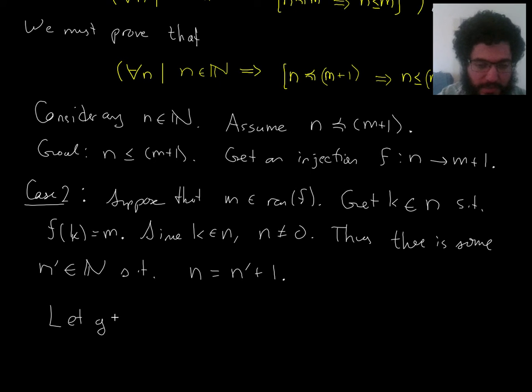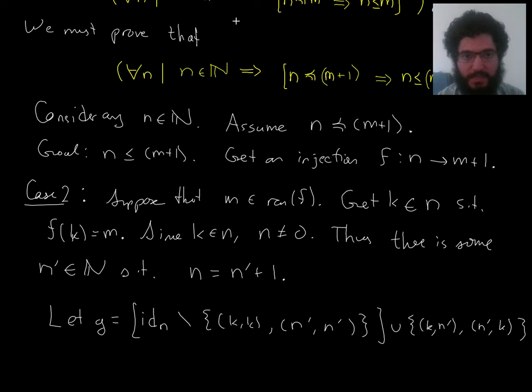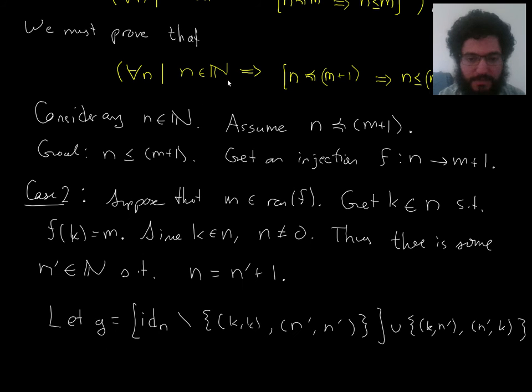Let g be the identity function on n, except remove the part where it sends k to k, and the part where it sends n prime to n prime. And then throw in a couple of pairs, namely the one that says k goes to n prime, and the one that says n prime goes to k. So this is how you would define g to have it operate like this picture is suggesting.